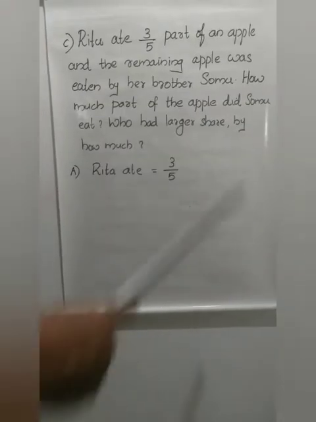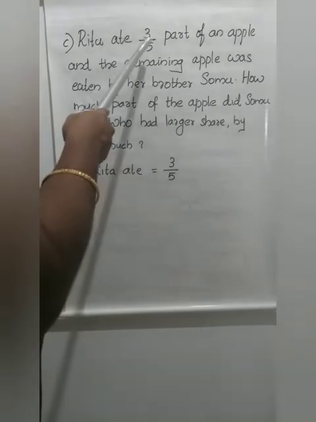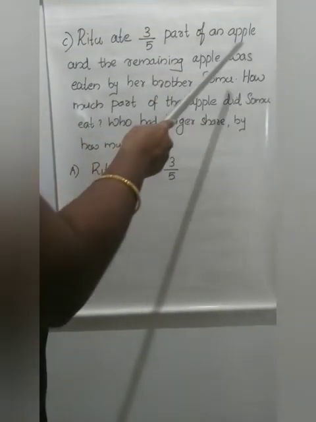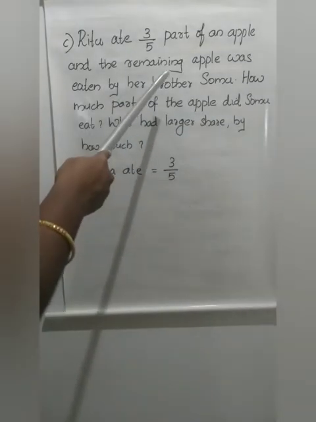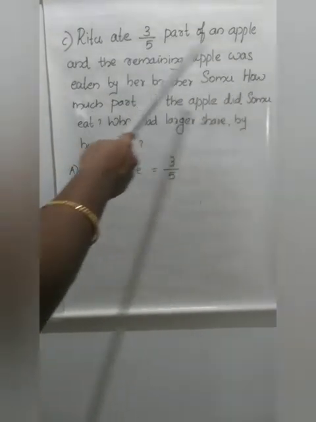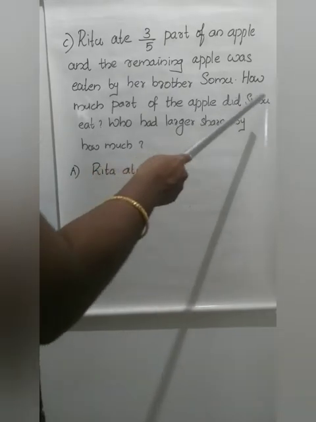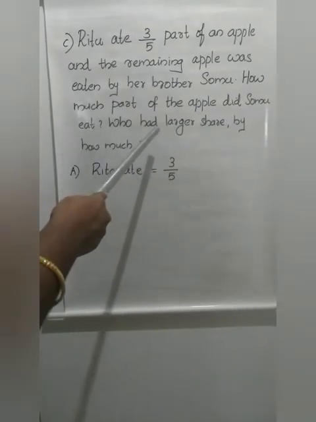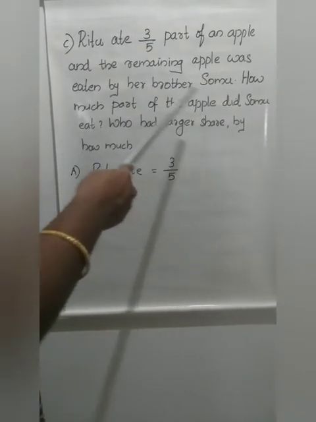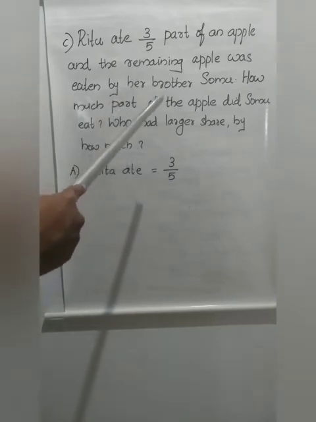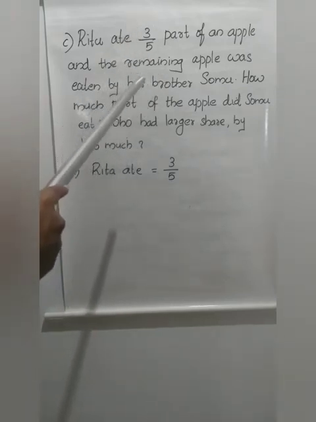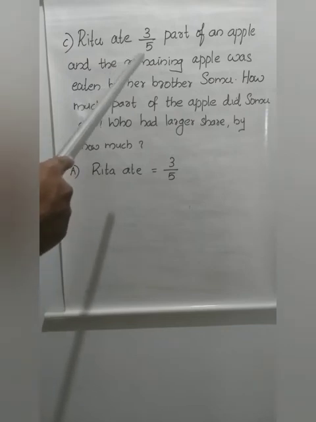Next question. Ritu ate 3/5 part of an apple and the remaining apple was eaten by her brother, Somu. How much part of the apple did Somu eat? Who had the larger share, and by how much? Here only one fact is given in the question: the portion eaten by Ritu.